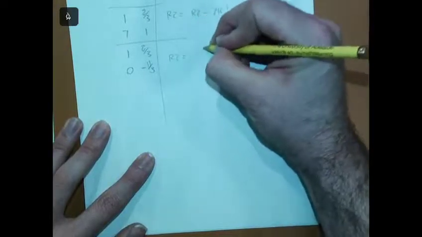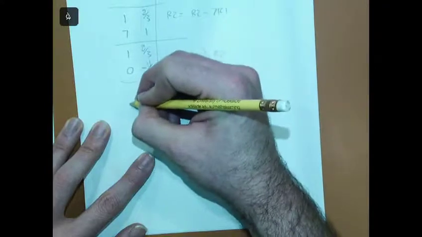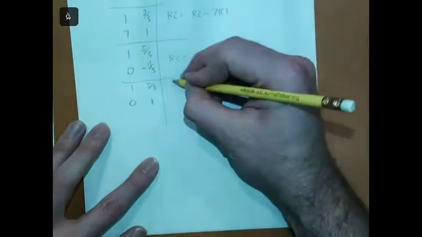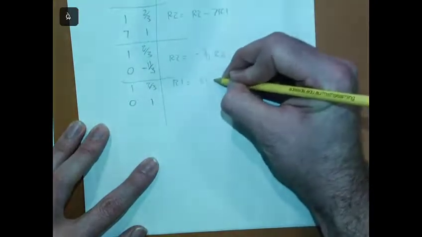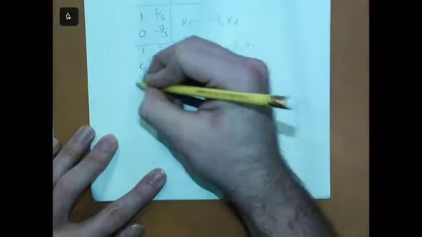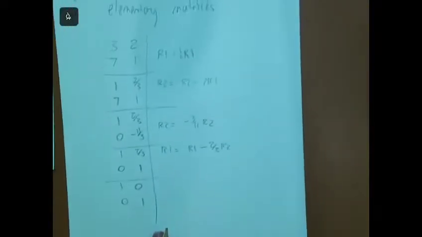Row 2 is minus 3/11 of row 2. And then row 1 is row 1 minus 2/3 of row 2. I've managed to get to the identity using these row operations.